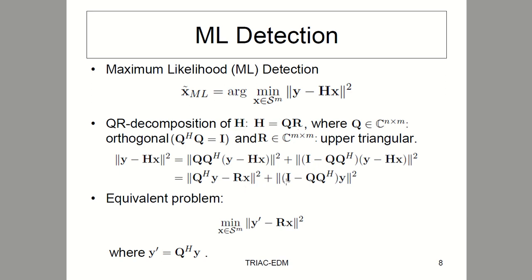How come? Because I minus QQ^H and y are all known. I is the identity, Q you know after the decomposition, and y is the measurement. So there is no variable in this part. The equivalent problem is to minimize the norm of y prime minus Rx squared, where y prime is equal to Q^H y.